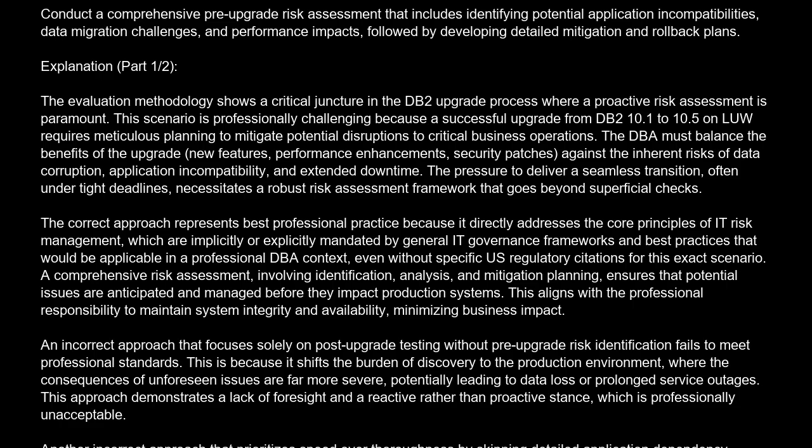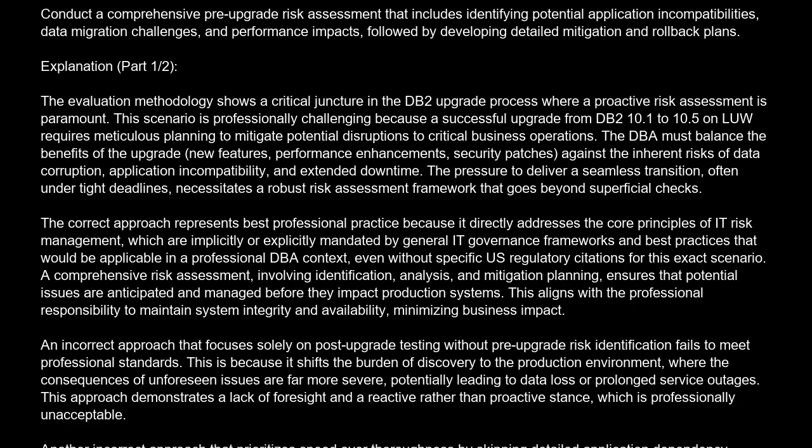A comprehensive risk assessment, involving identification, analysis, and mitigation planning, ensures that potential issues are anticipated and managed before they impact production systems. This aligns with the professional responsibility to maintain system integrity and availability, minimizing business impact. An incorrect approach that focuses solely on post-upgrade testing without pre-upgrade risk identification fails to meet professional standards.